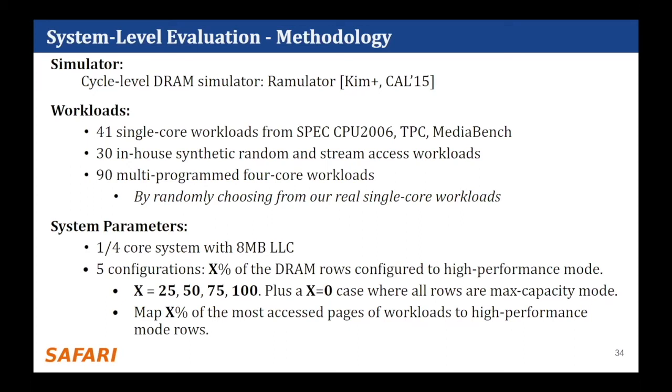We configure X% of the DRAM rows to operate in high performance mode, and we evaluate cases where X equals 25, 50, 75, 100, plus an extra case of X equals 0 to evaluate the configuration where all rows operate in max capacity mode. And we map X% of the most accessed pages of the workloads to the rows configured to operate in high performance mode.